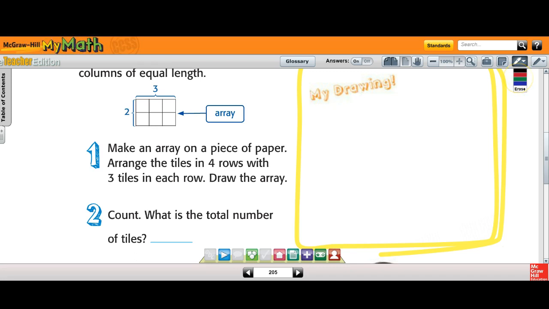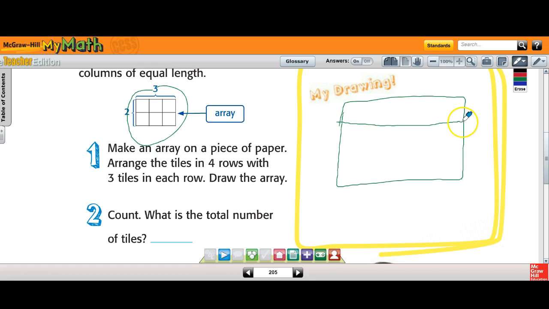So look what they did. They actually started off with a rectangle, right? So they started off with the rectangle. And then in this case, they want 4 rows. So I'm just going to use 3 lines to make 4 rows. 1, 2, 3. Because look, I made 4 rows. 1, 2, 3, 4. And we use 2 lines to make 3 tiles in each row.